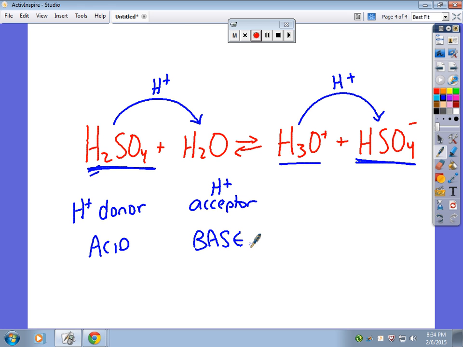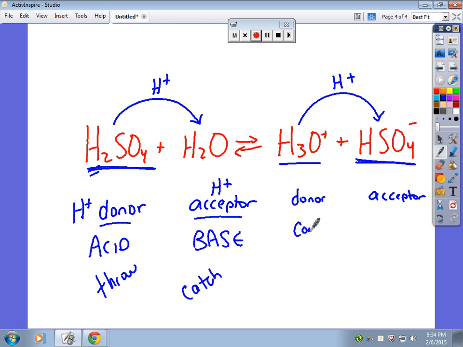What about on this side? Well, this is a donor, and this is an acceptor, except that's not what we started out with. This is what happened after this throw and catch took place, right? This is throw, and this is catch. So after the initial throw and catch takes place, what happens on the product side to make it go back?